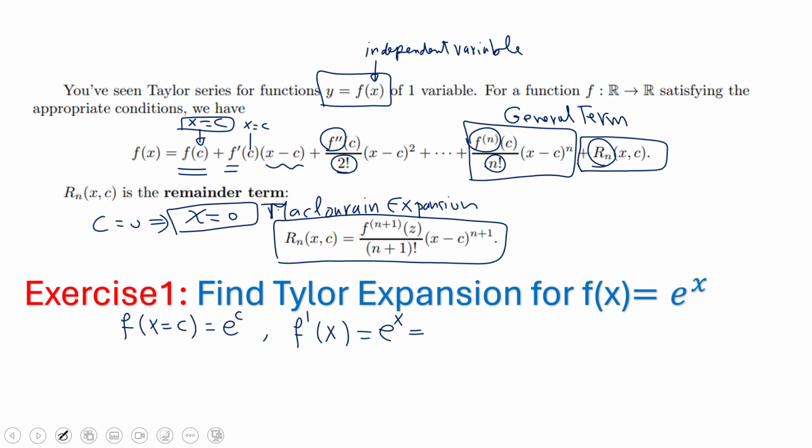So you need the value of the derivative at x equal to c, to plug all of these in the formula, right? You still have e to the c. Because you are lucky, this function has a derivative always e to the x, right? So all the derivatives are the same, e to the c, right?